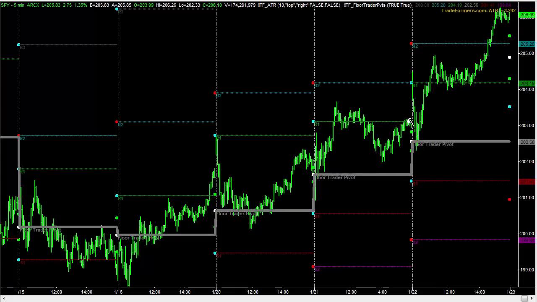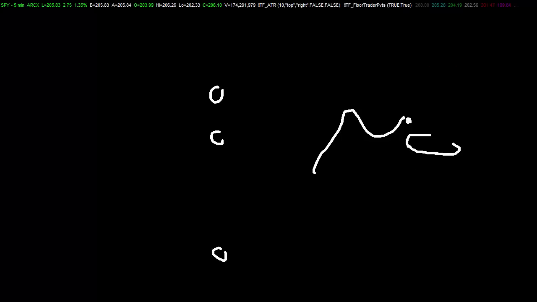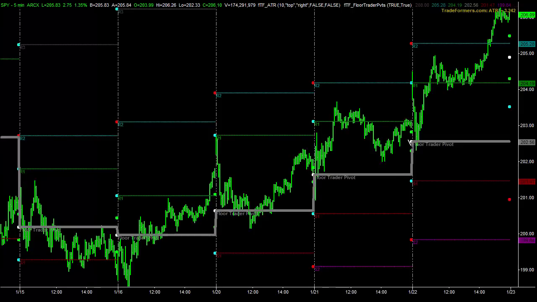Or in this case, let's say coming into today, yesterday the SPYs had a pretty decent move higher and one that moved the floor trader pivots up significantly. Then we gapped up to a level significantly above the floor trader pivot. So if it pulls back, I'm going to look for that floor trader pivot to be support.